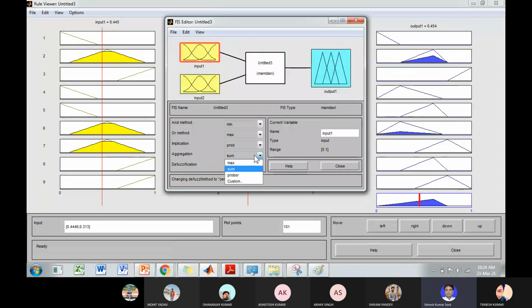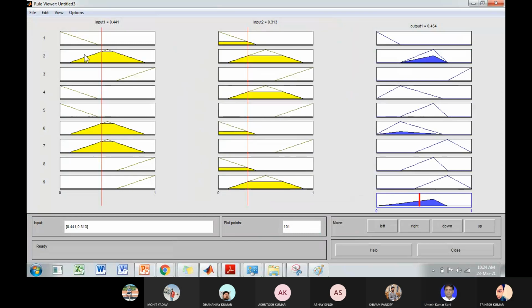So the whole area that is formed, when overall we take the maximum of this area and then take the centroid, that is the center of area method, the centroid method.